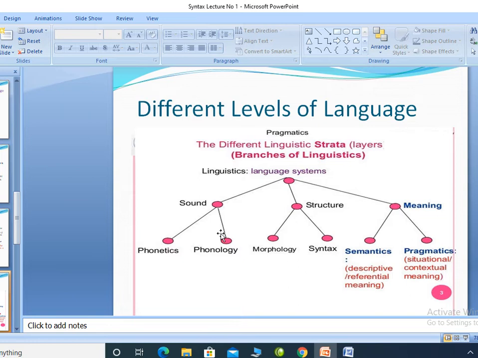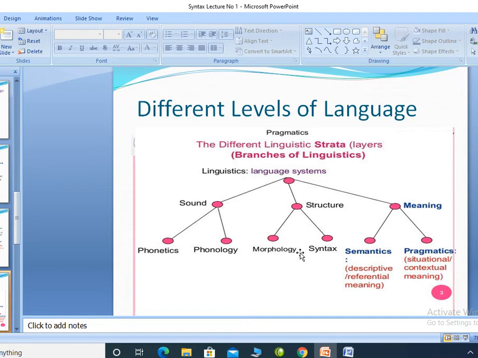Then we have the second category, the structure: morphology and syntax. Morphology in Arabic and Urdu is called sarf. In the Arabic language, syntax is called nahw, and I have discussed these things in detail in class. You know very well the background, and all the relevant information was given to you.